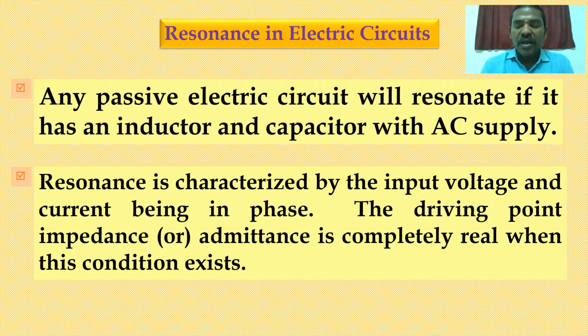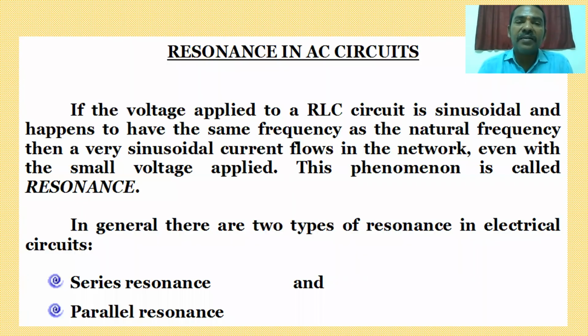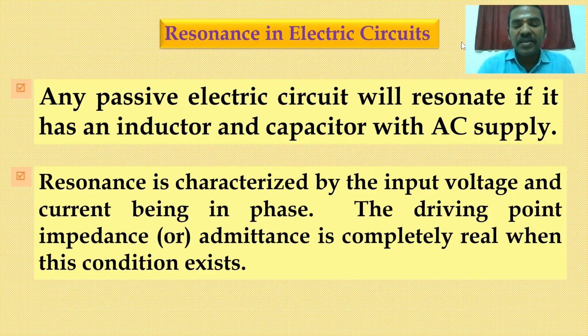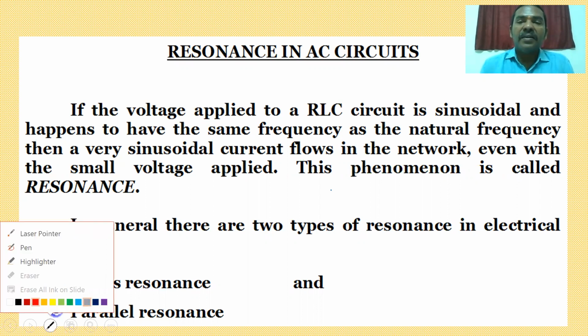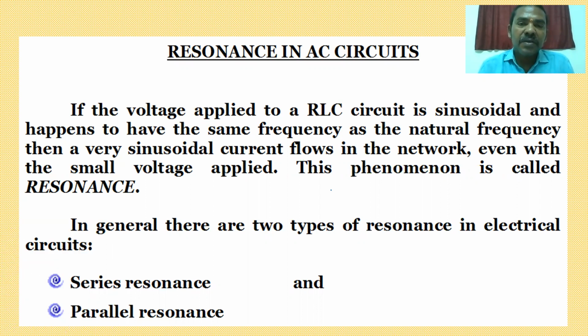Okay, so the main resonating phenomenon for electrical circuits is when an applied voltage is given to an RLC series circuit. Under that condition, the system frequency, the natural frequency, is considered as F. A sinusoidal current will flow through the RLC series circuit.